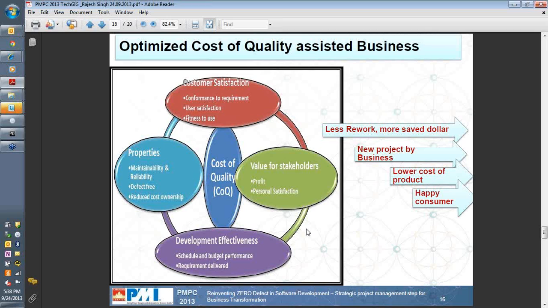If the customer is able to save a lot of dollars, they are able to initiate new projects for their business, and those projects come back to us. And finally, the most important thing is seeing a smiley on your customer's face, because of these guys we are happy customers. That is the most satisfying thing you can expect.